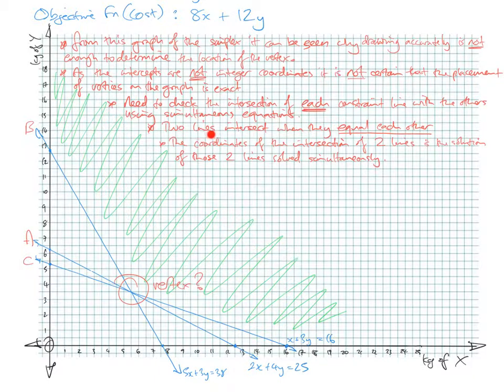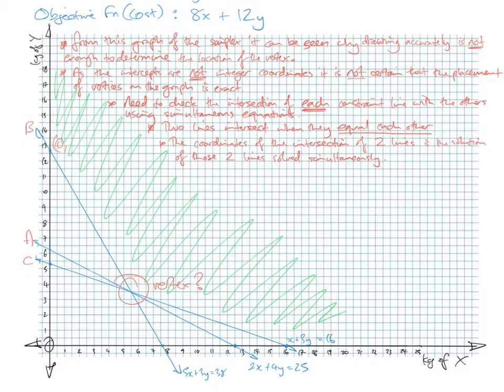Why is that? Because two lines intersect when they equal each other. The coordinates of the intersection of two lines is the solution of those two lines solved simultaneously. So the new process that I'm doing here is that I have drawn up this graph. I've recognized that there's one corner, two corners, three corners. I can easily find the intersect here.